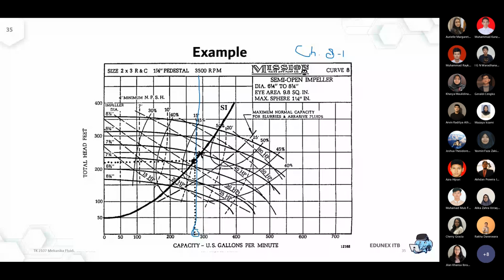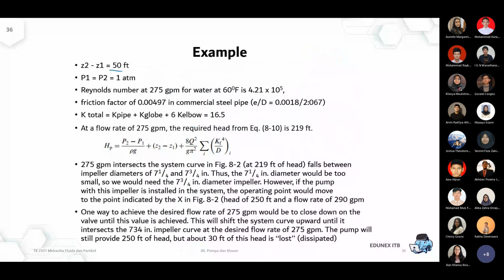Based on the calculation, it is available in the slide, everything that I just explained. So the K total, everything, and then the required head will be 219 feet when you add everything: the delta P, the delta Z, and the friction.